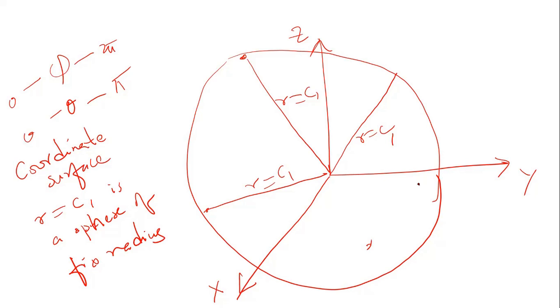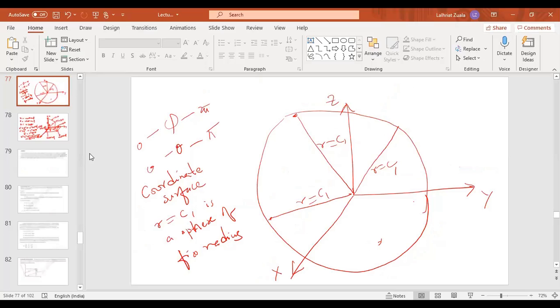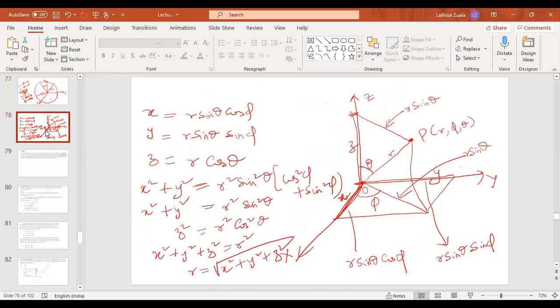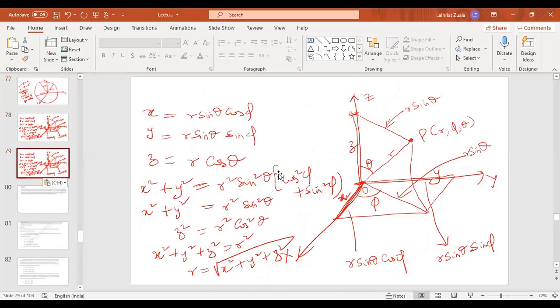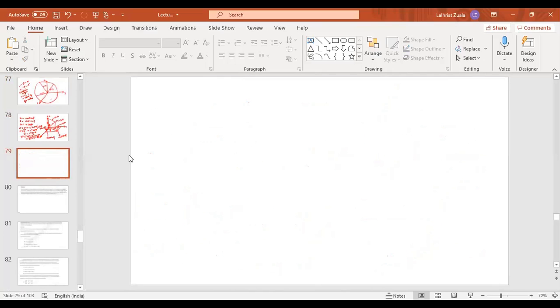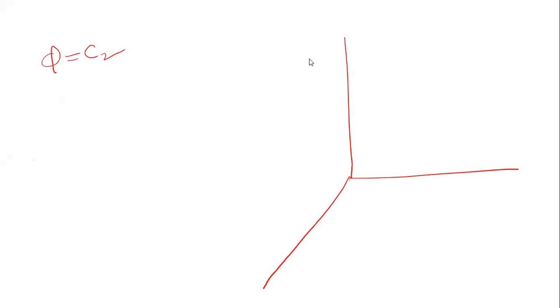Now let us see the next coordinate surface, which is phi equal to c2.